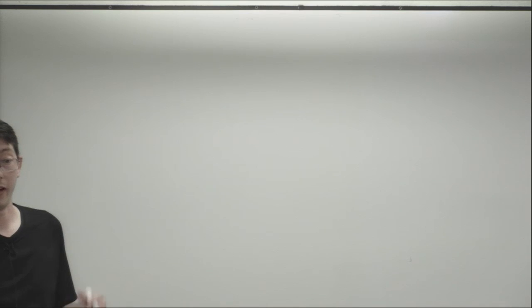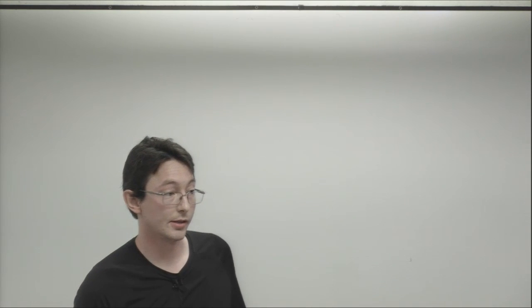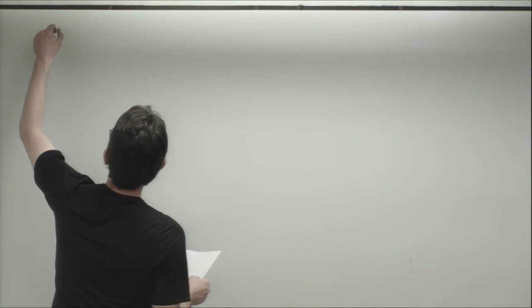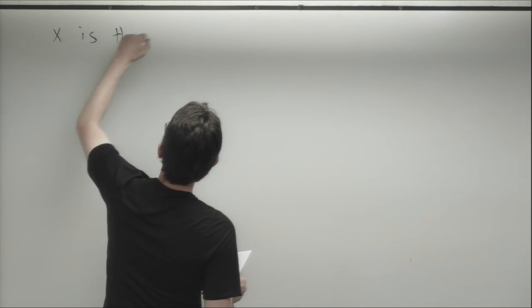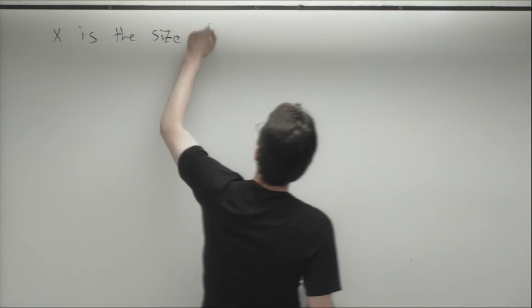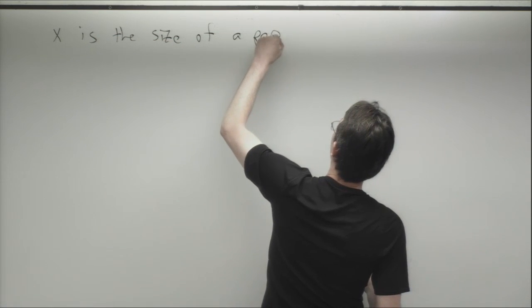So I always like to start with a really, really simple example to motivate ordinary differential equations. We're going to come up with a bunch that are relevant for things that we do. But let's say that we start with a population of bunnies. So x is the size of a population of bunnies.